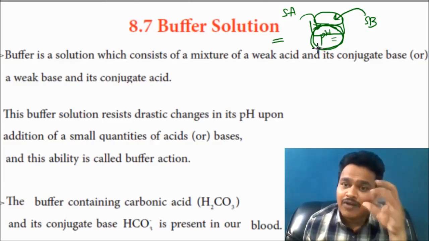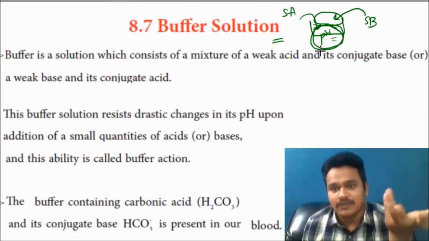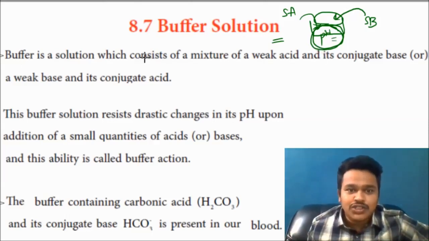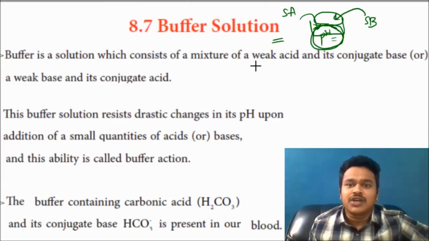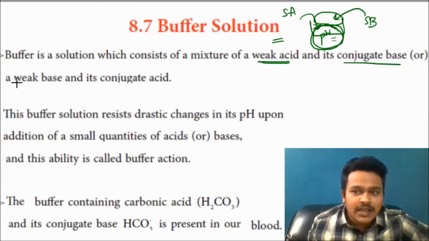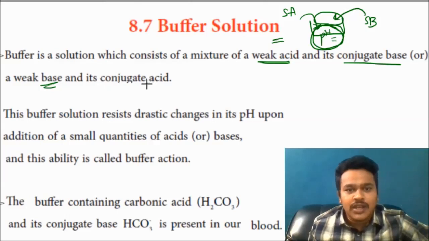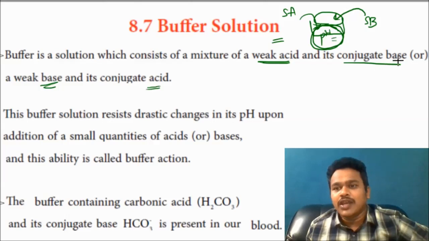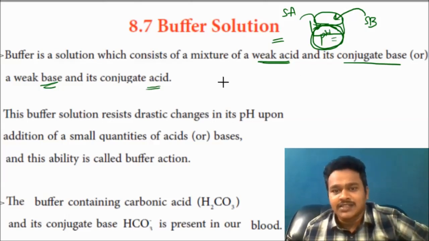And how can you prepare a buffer solution? See here. A buffer solution consists of a mixture of a weak acid and its conjugate base, otherwise a weak base and its conjugate acid.